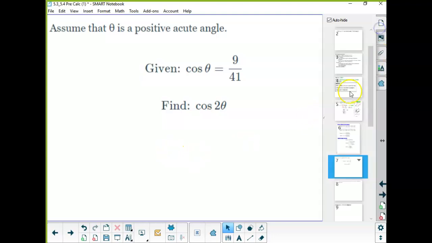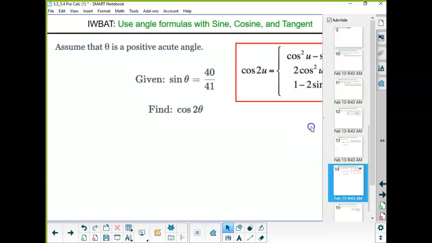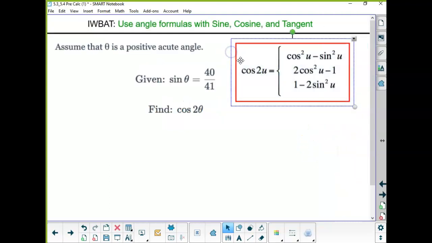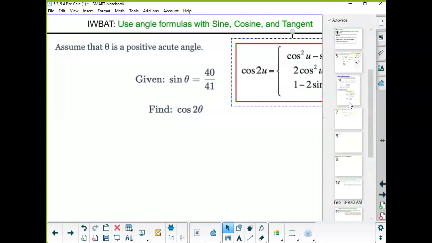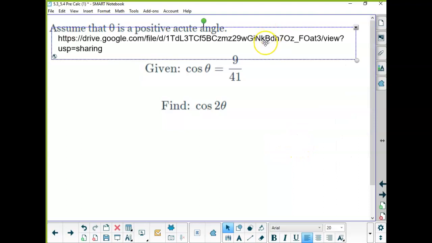And you know what? I'm going to do a quick steal of something. Okay, so this is, oh, I didn't copy.